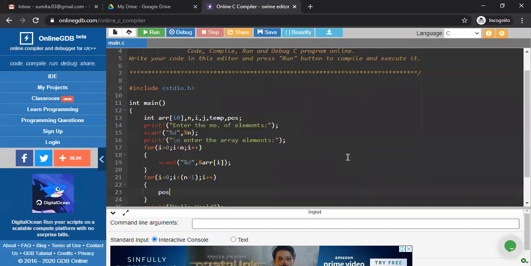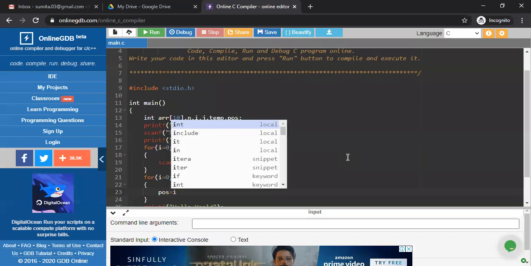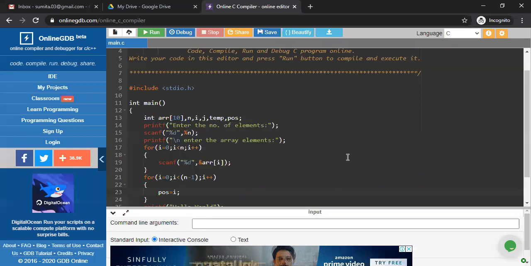So simply we write here position is equal to i. I'm telling you why: first we initialize our POS value with i. Whatever the i value is, the POS value totally depends on i. Okay, so POS is equal to i.